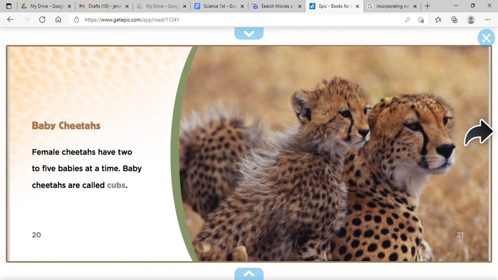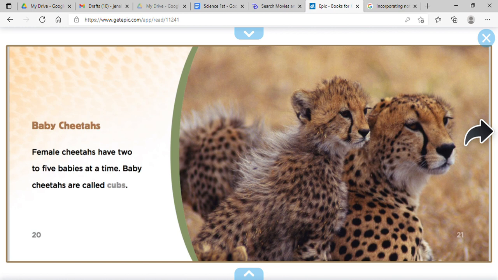Baby cheetahs. Female cheetahs have 2 to 5 babies at a time. Baby cheetahs are called cubs. You want 5 babies? Not at one time, no, that's a lot. What do you want to write?